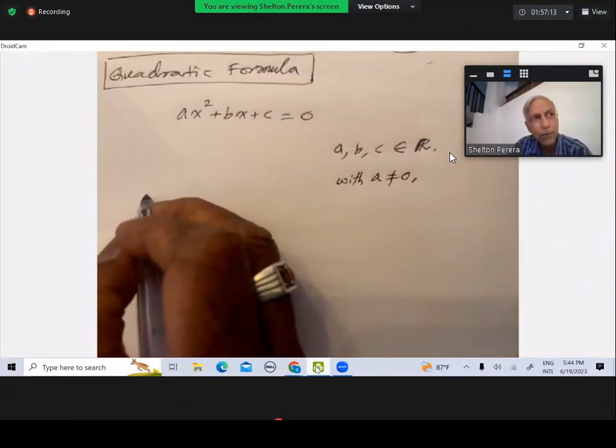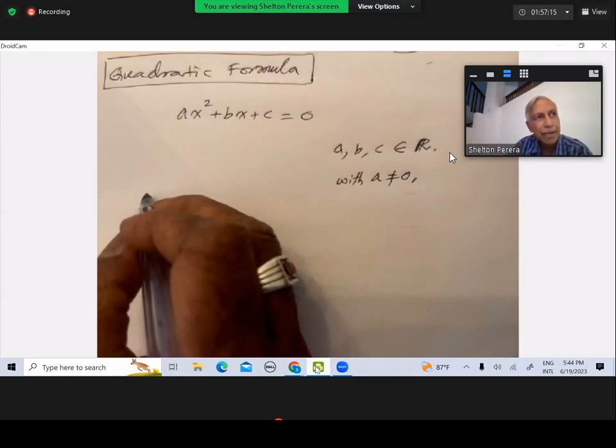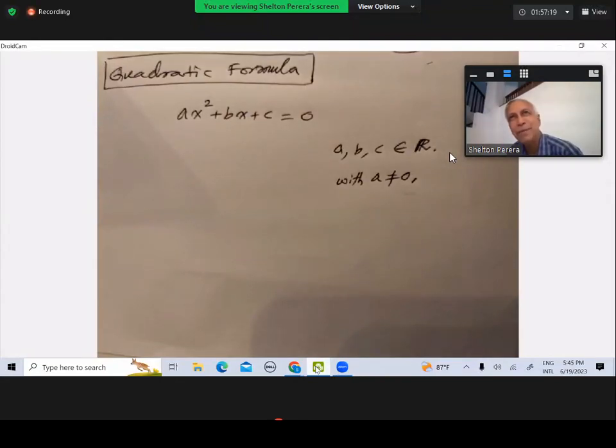That is proved using the completion of square method. I don't know the Tamil phrase for that. In Sinhala, Varga Purnaya. In Tamil also there must be a phrase for that. Completing the square.